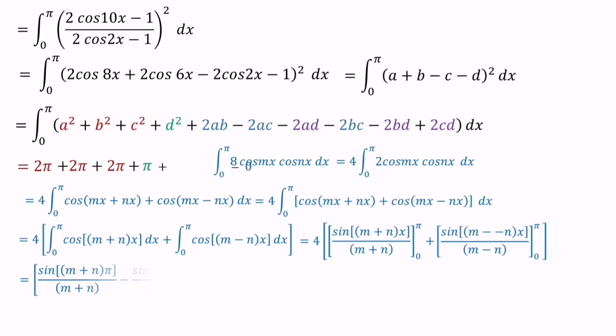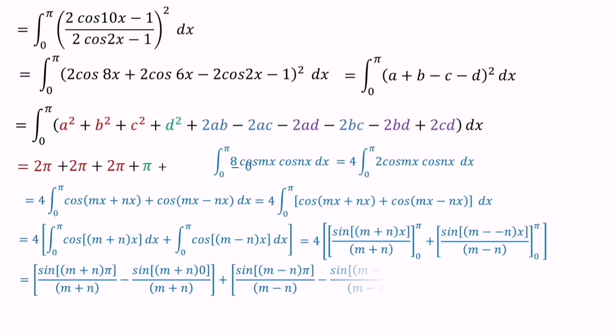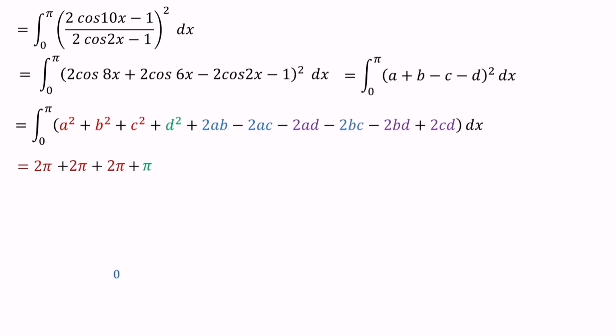So when we substitute the upper limit and lower limit, we can consider sin (m plus n) into pi as 0 and sin (m minus n) into pi as 0. Obviously sin 0 is 0. Then we can consider the final answer as 0. So the 2AB, 2AC and 2BC integral values are also equal to 0.